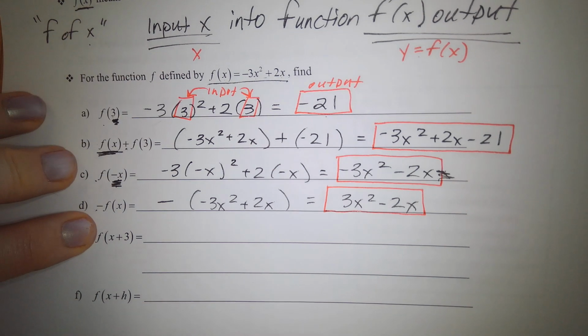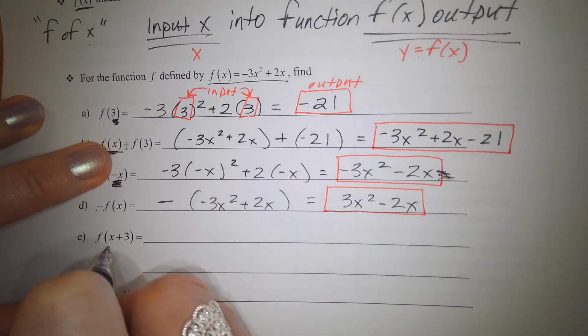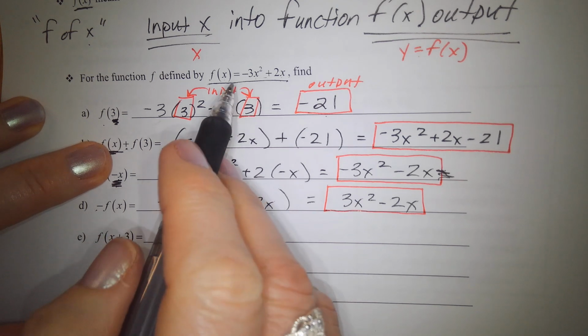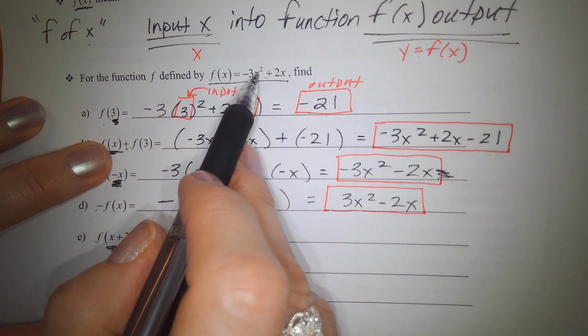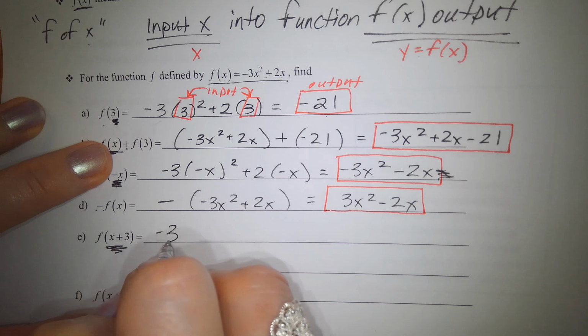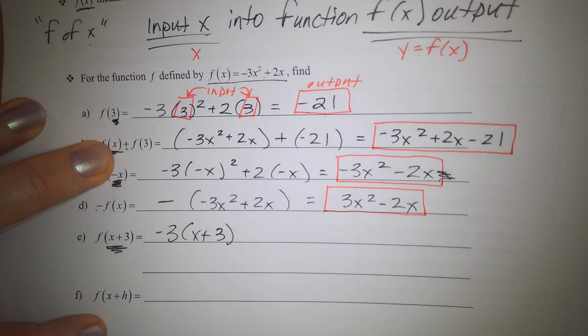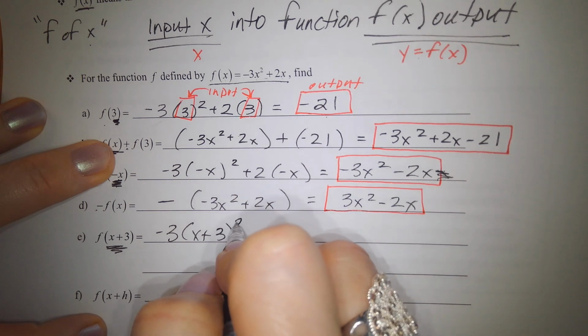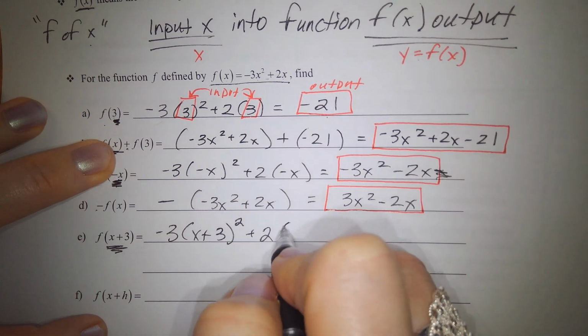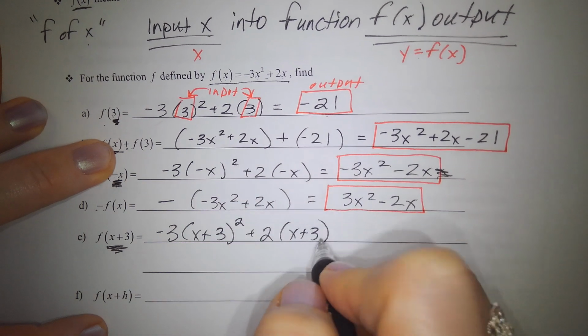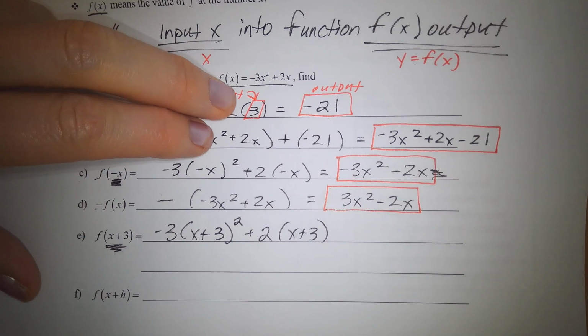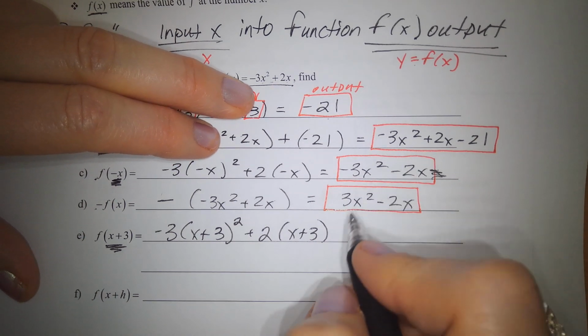F of x plus 3 tells me to take x plus 3 as my input and plug it in everywhere there is an x. So it becomes negative 3, x plus 3, then we square that, plus 2 times x plus 3. So this is going to be a FOIL problem.